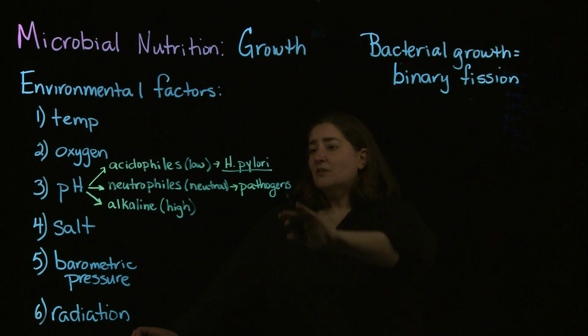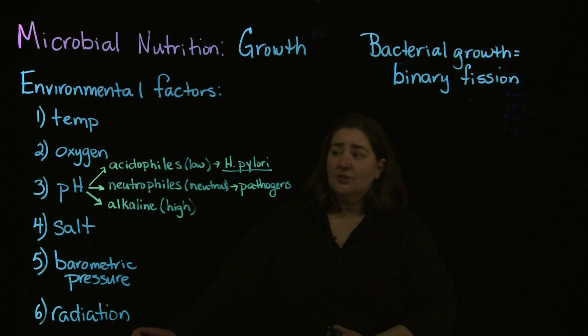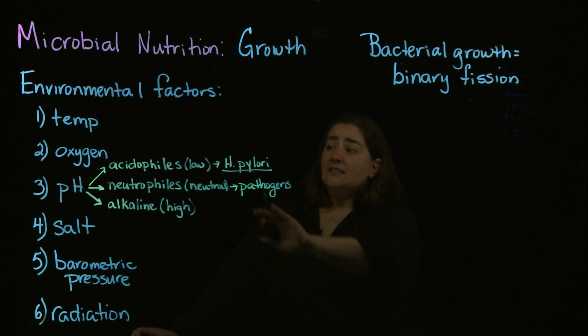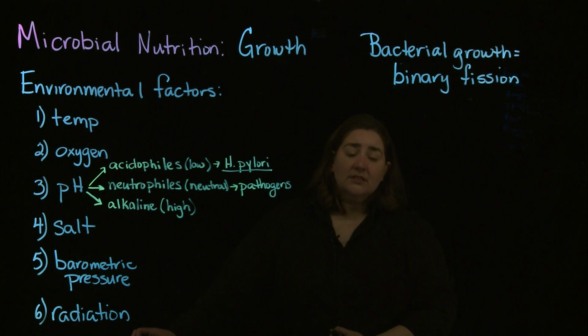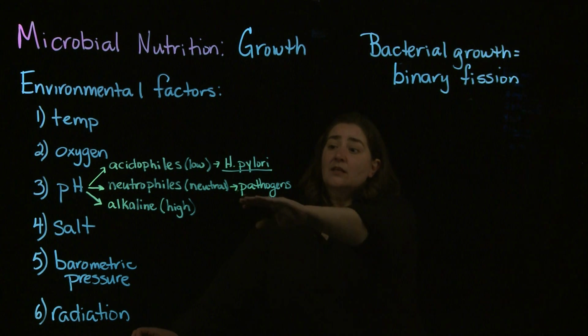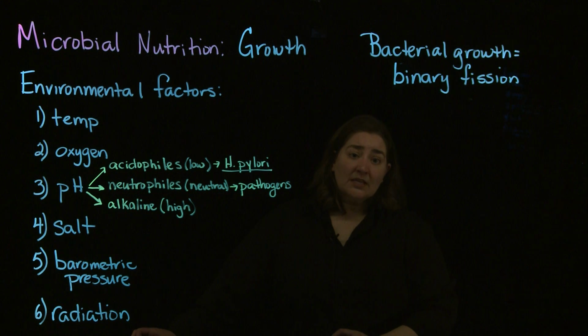So the pH of the environment can affect how the bacteria grows. If you put a pathogen that's typically a neutrophile into an acidic environment, it's going to typically kill it, all right? That's why it's an advantage having a low pH in your stomach, because if you happen to consume a pathogen, those pathogens can potentially be destroyed within the stomach, and they're not going to make you sick.